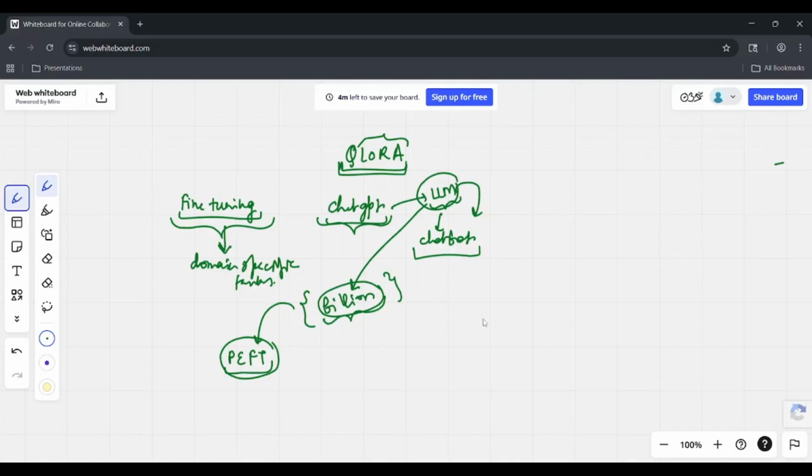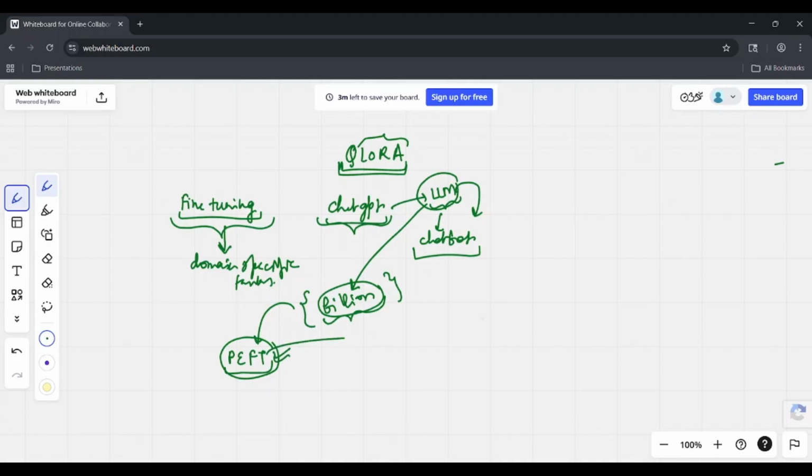Then you feed your domain specific data into your model, train those weights, and that is your fine tuned model. That model becomes efficient enough to handle domain specific tasks. So this is what parameter efficient fine tuning is.